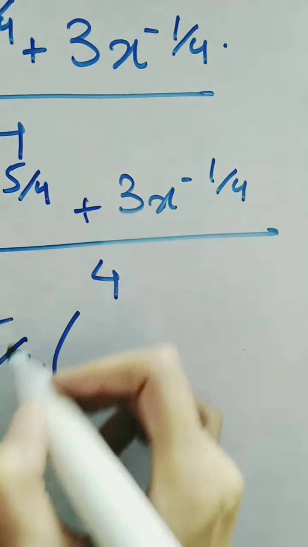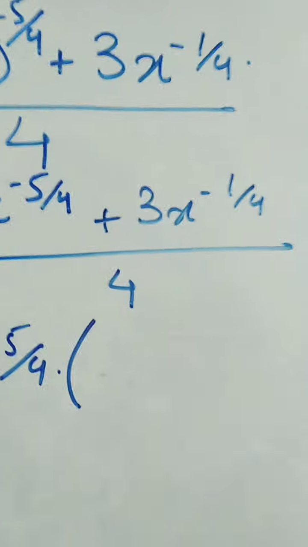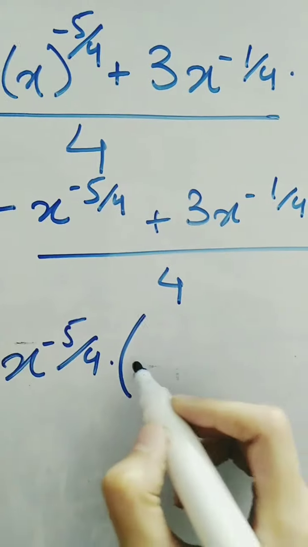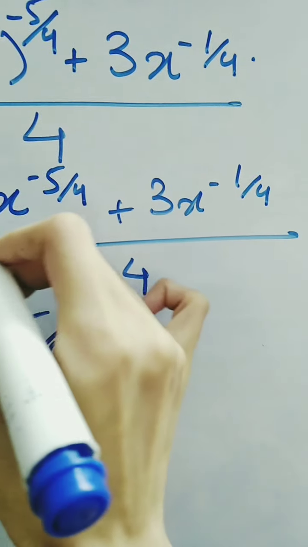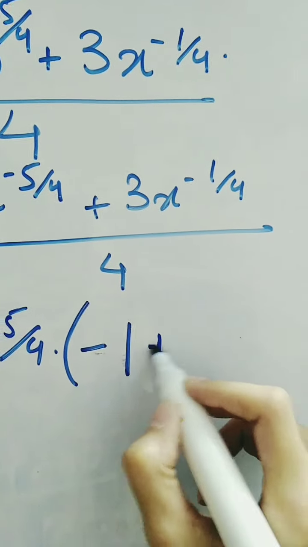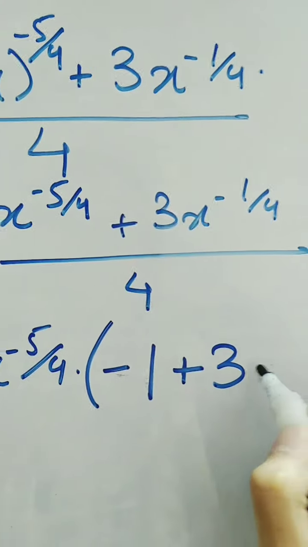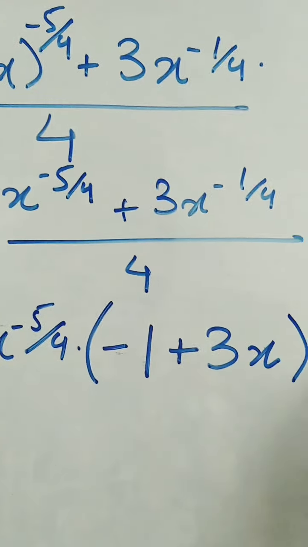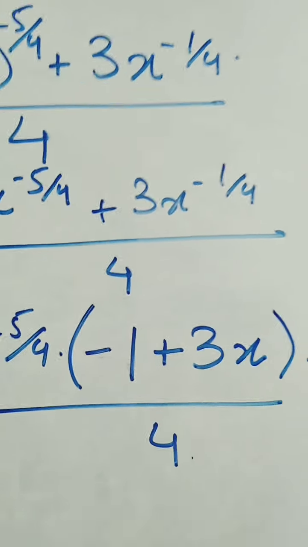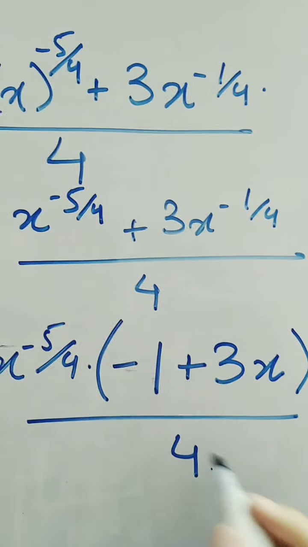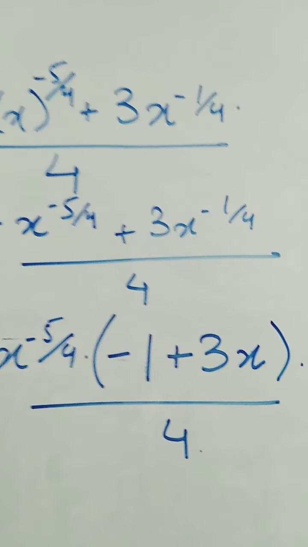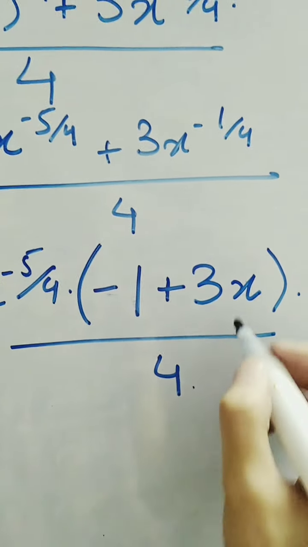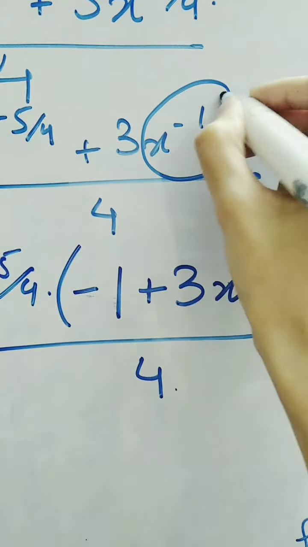So, if we take x raised to the power minus 5 over 4 as common, we will remain with minus 1 here plus 3, and in terms of x, we will only have x remaining in the bracket, because if we multiply x raised to the power minus 5 over 4 into x raised to the power 1, it is equivalent to x raised to the power minus 1 over 4.